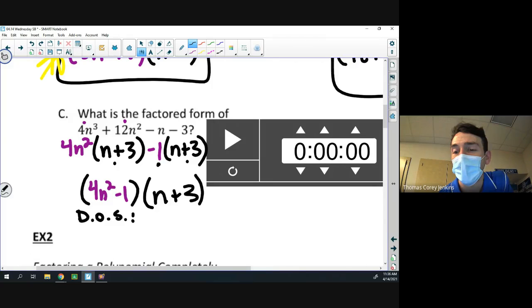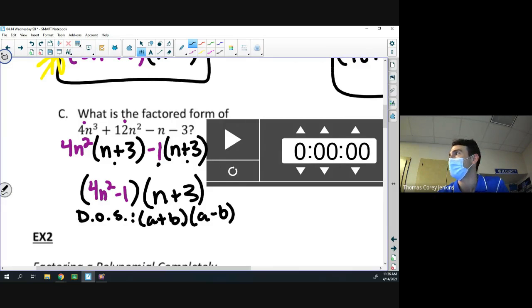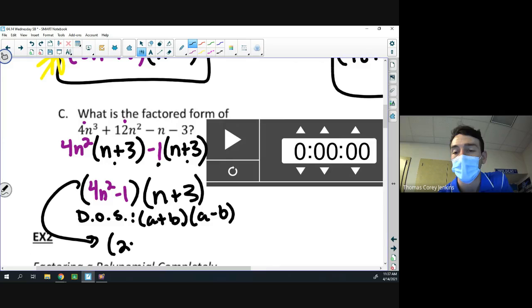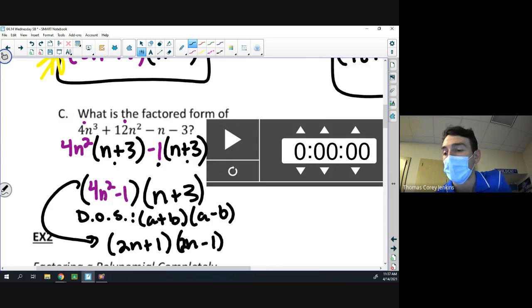So that is your a plus b times a minus b. So actually, this might be one that MathXL says, hey, your answer is right, but it's not all the way factored. So to finish that one out, we'd have 2n plus 1 times 2n minus 1 times n plus 3.